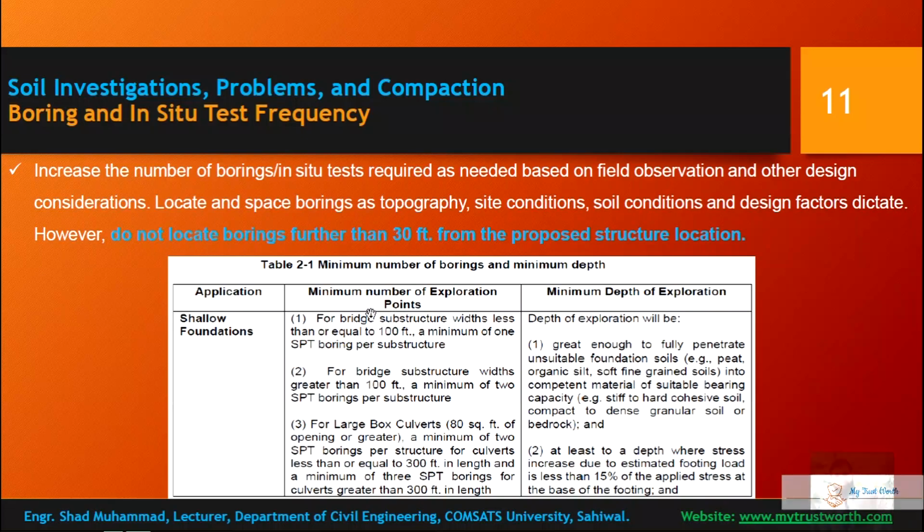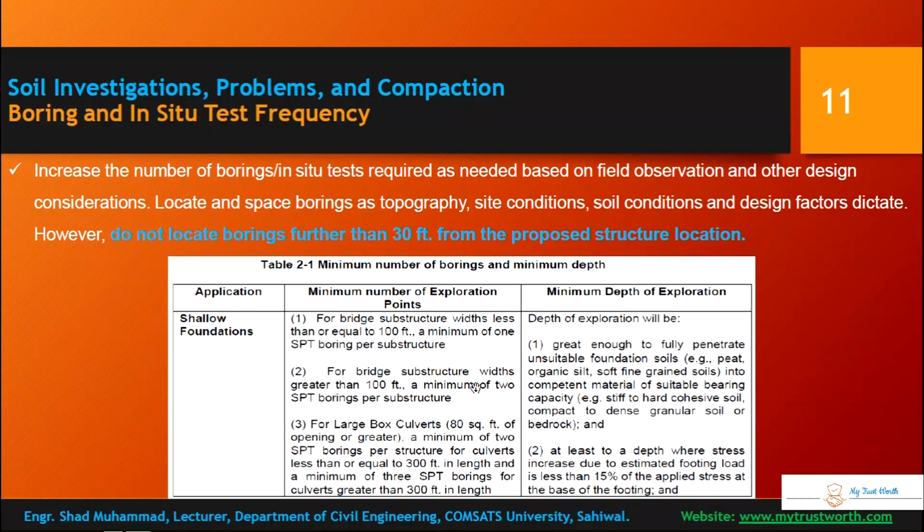So if there is a big bridge you are going to construct and you want to investigate the substructure, and the width of the substructure is less than or equal to 100 feet, then one SPT boring needs to be conducted.